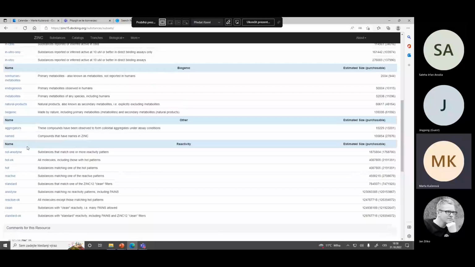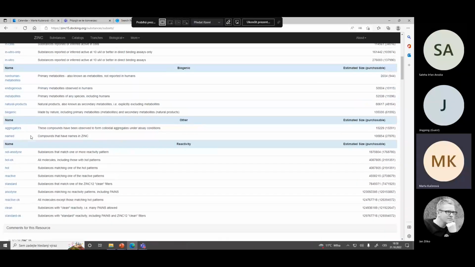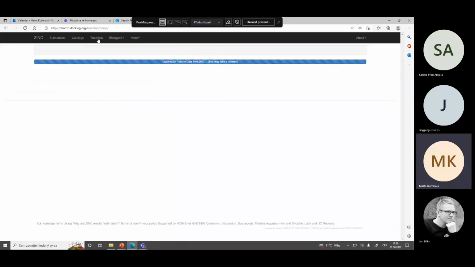There are some other criteria, for example, the reactivity criterion, and so on. So as for the availability, we can download only compounds that are immediately purchasable, compounds that would be prepared on demand. This is the so-called boutique subset, and so on.